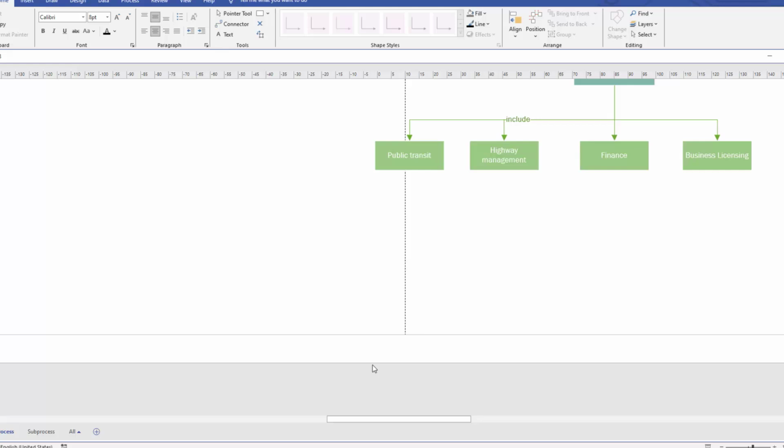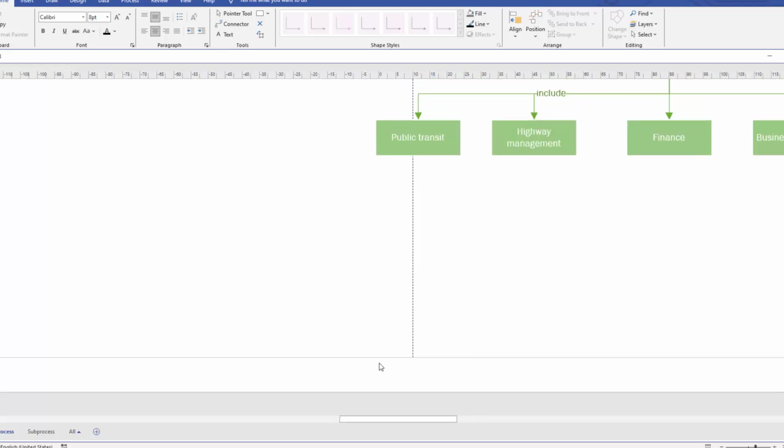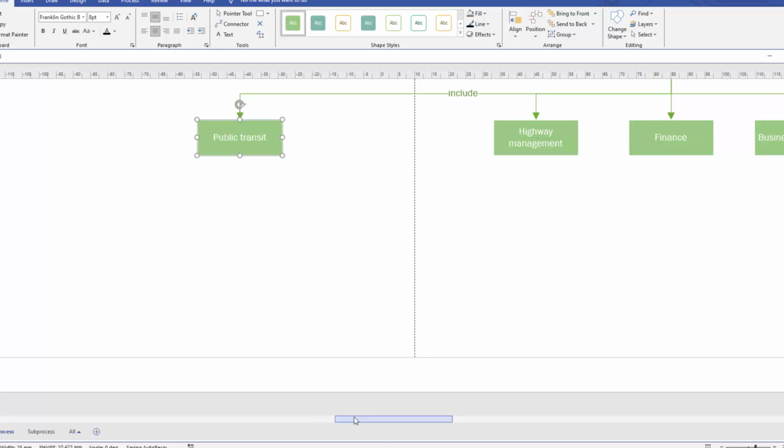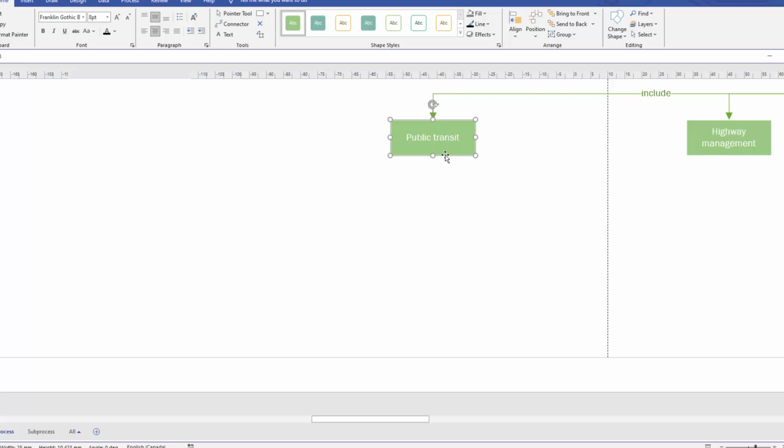Now let's zero in on one of them further. How would you develop a concept map further? For example, you want to understand public transit better. What are various concepts related to public transit? So let's take a look. What would you like to know about public transit? Perhaps you want to know what are the different types of transit involved.